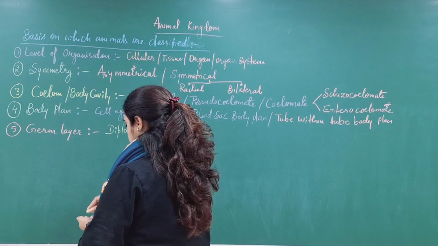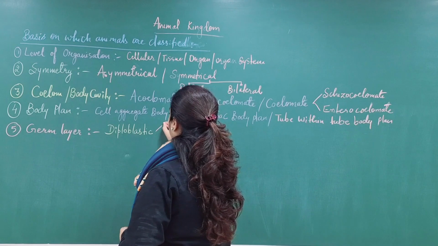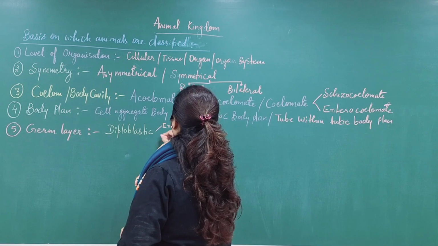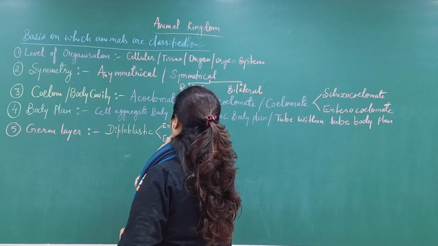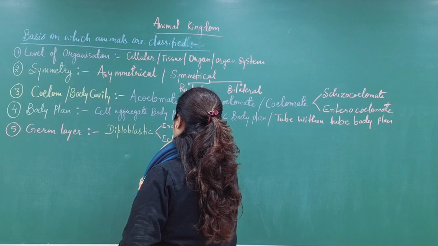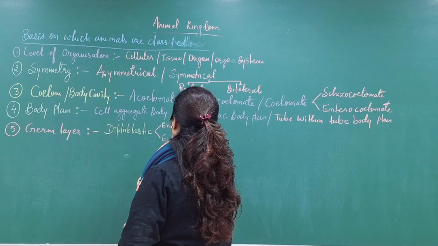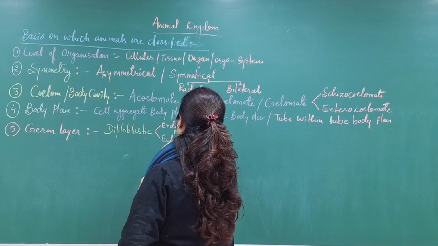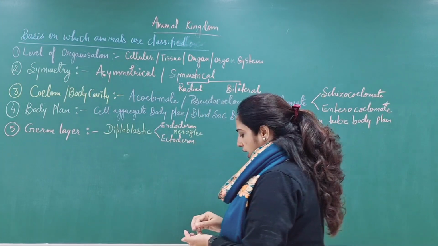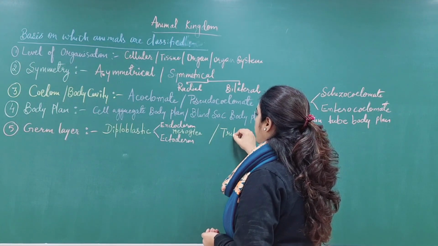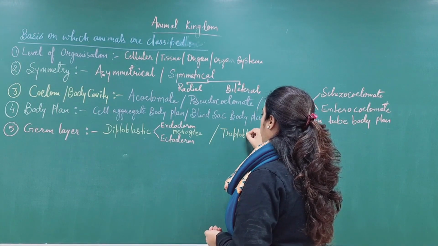Diploblastic means they have endoderm, ectoderm, and in between what can be seen? Mesoglea, not the mesoderm. Whereas the other type of organism is termed triploblastic.